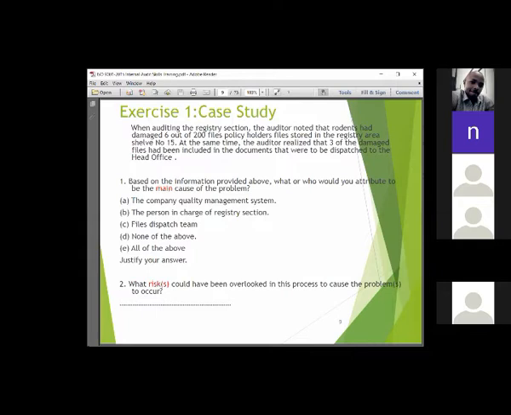So what risk do you think could have been overlooked? Because in our quality management systems, we want a system where we look at the risks that could be there, we anticipate them, we identify them, then we put in preventive measures. So in this case study, what risk do you think could have been overlooked to cause these things to happen? Anybody?